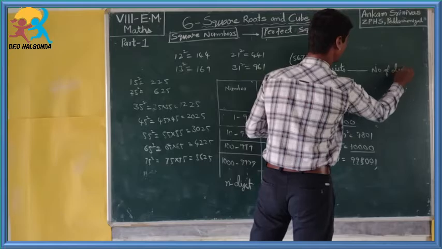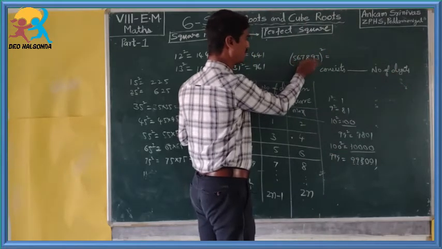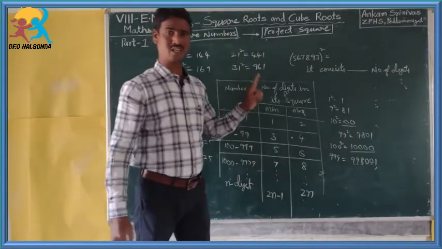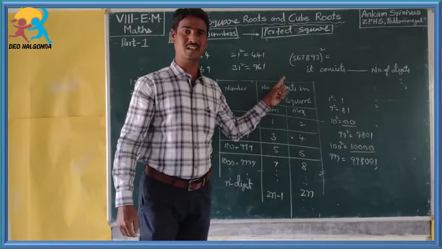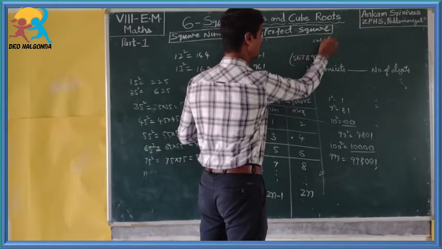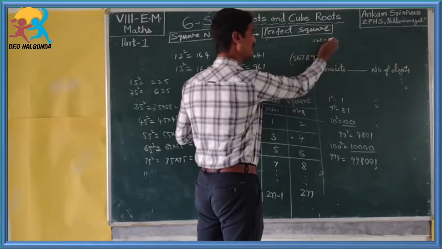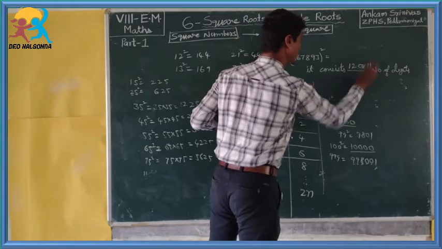How many digits here? Let's see, 1, 2, 3, 4, 5, 6. 6 2s are 12 digits, or 6 minus 1. So here 6 digits, 2 times 6 is 12, less than 1, that means 12 digits or 11 digits.